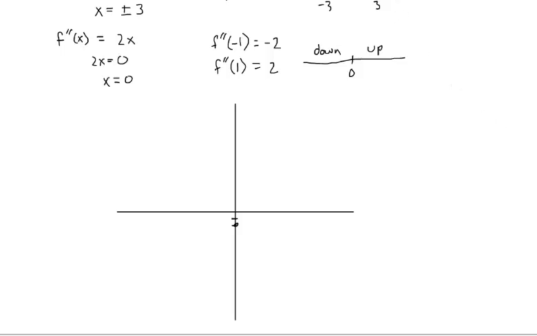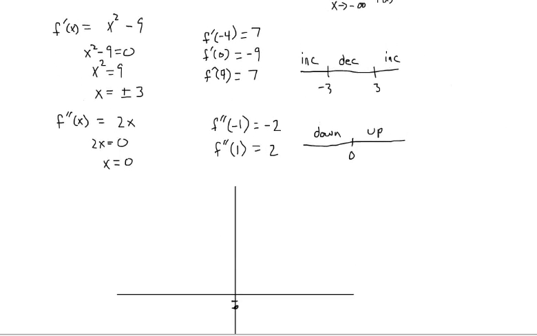And then we can plot our relative mins and maxes. We didn't look at that yet. So here we are increasing and then decreasing. So we had a max. So we need to find f of negative 3 to find the y value of that. And then here we're decreasing and then we're increasing. So we have a min, f of 3.